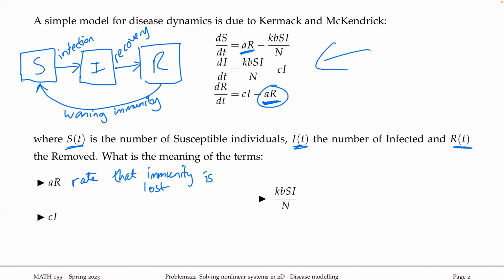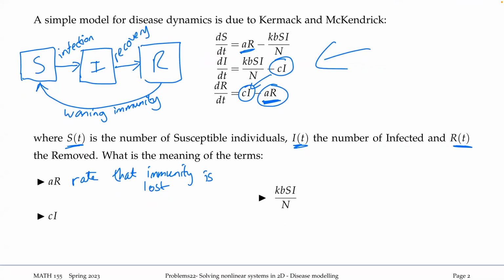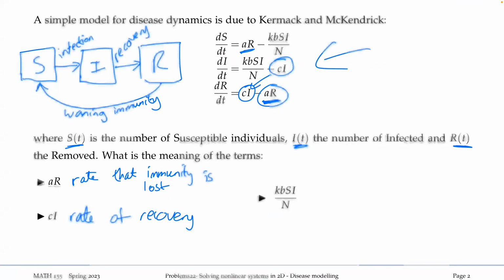But cI, well, cI is going from our infected class to our recovered class. So this is going to be recovery. This is our rate of recovery. And this rather complicated looking term here, kβSI/N. Well, we can break this down. We know that this is going from our S class to our I class. So this has to be infections.